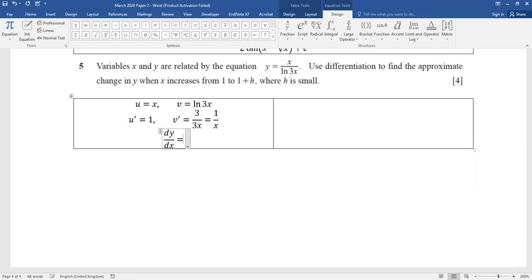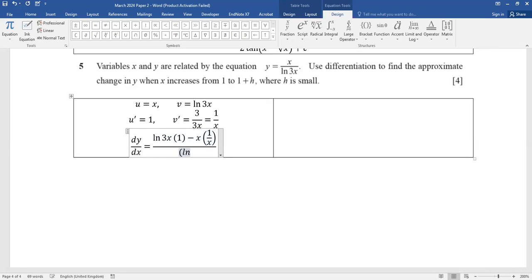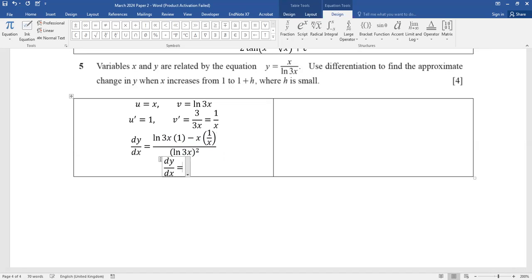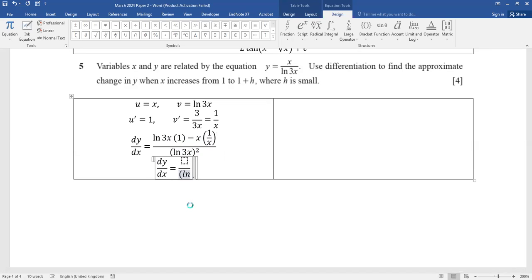So dy by dx is v, ln 3x, into the derivative of u, which is 1, minus x into 1 upon x, all over v squared. So the derivative that we will end up with is ln 3x minus 1 over ln 3x, the whole squared.